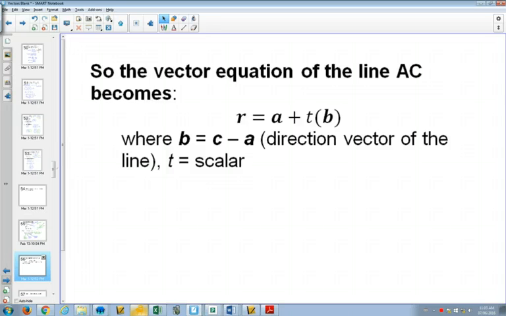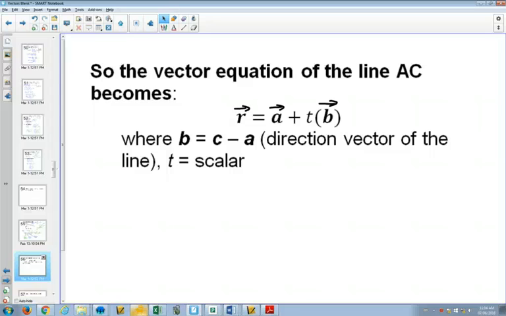So often we make this equation simplified like this: any vector, any starting point, and then b is our direction vector, which you get from having 2 points on the line.